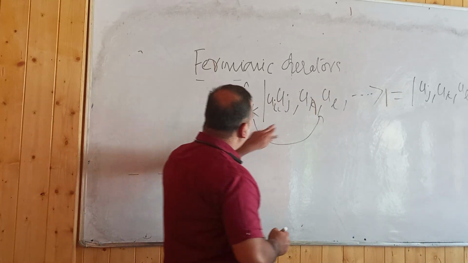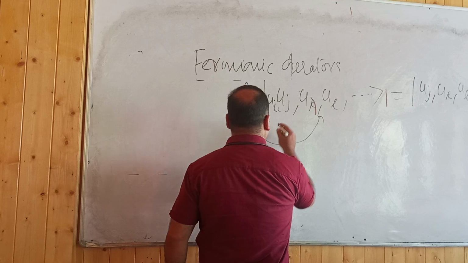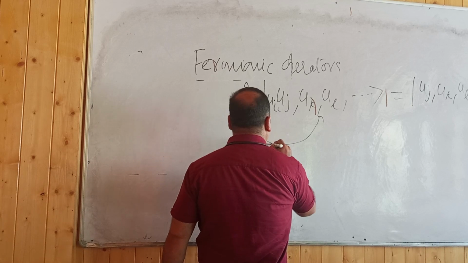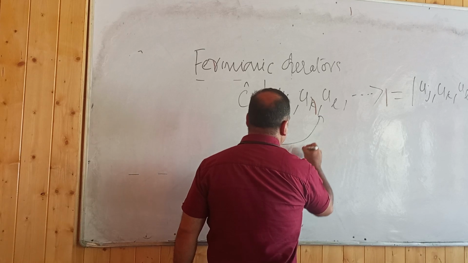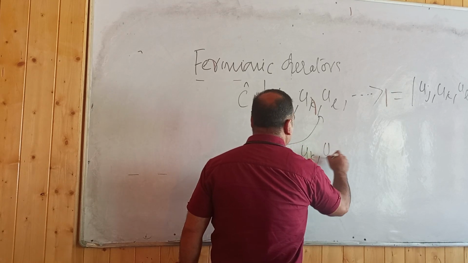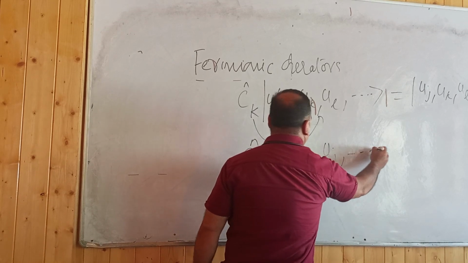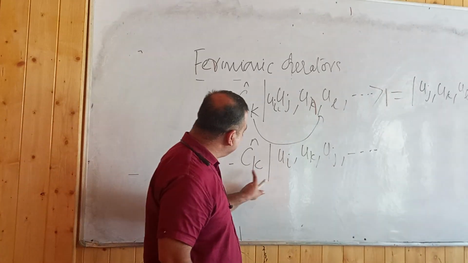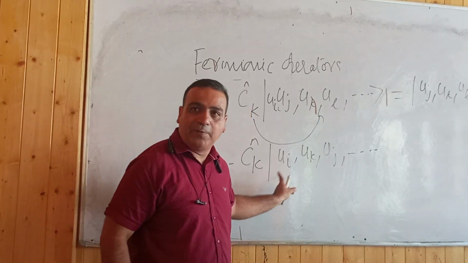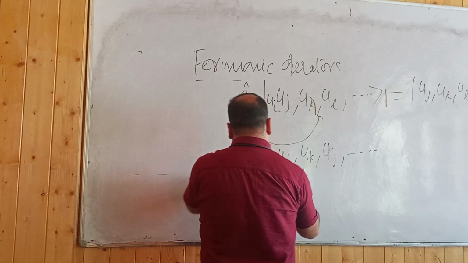You have to interchange it. So you will act this CK. So this is UI. This will become UK and UJ and so on and so forth. It will introduce the negative sign, the first negative sign. But it is not yet in front of our operator. So again, you will have an exchange.